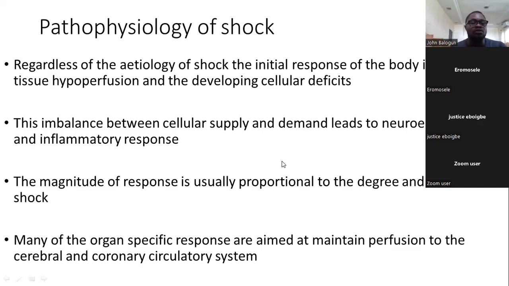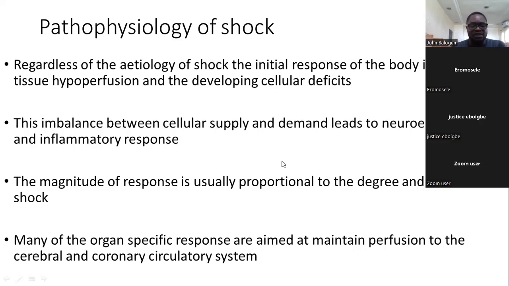So how does the body circumvent this decreased blood flow? It's simple: it shuts down some parts of the body that require less blood in favor of areas that require much blood. For instance, the heart requires much blood, the brain requires much blood, while the kidney, the intestine, and the muscles require less blood.